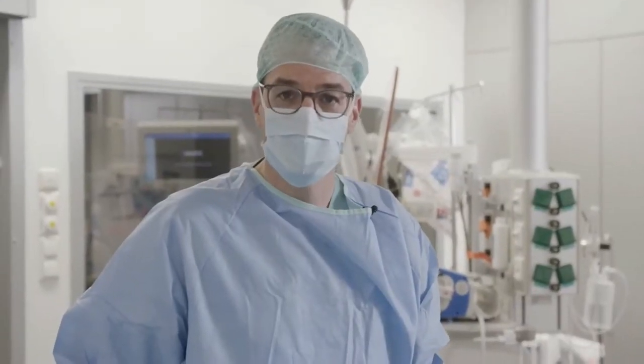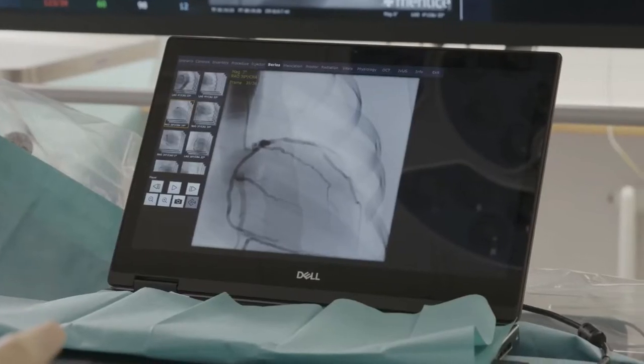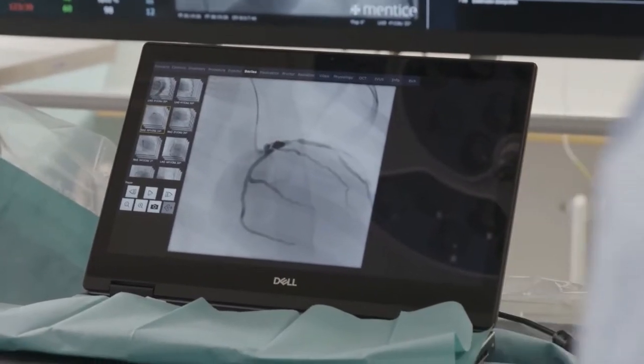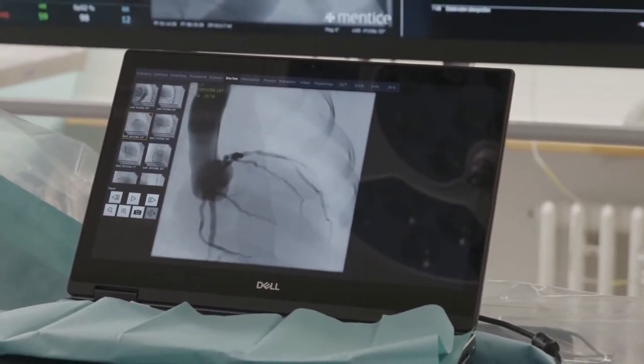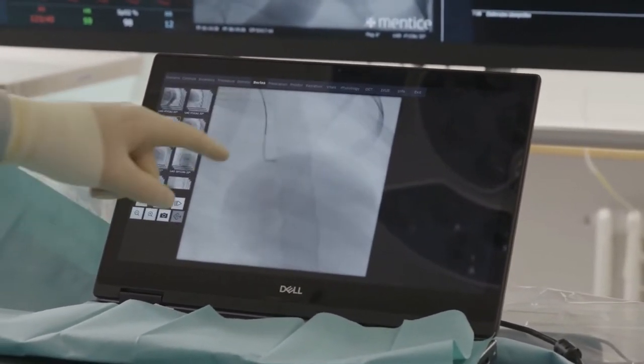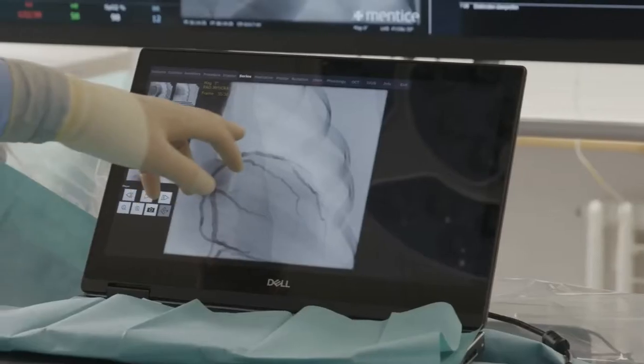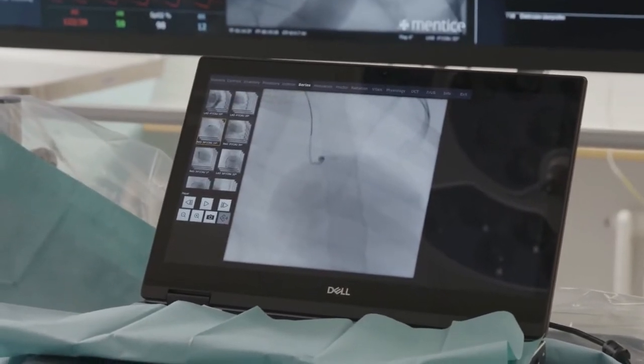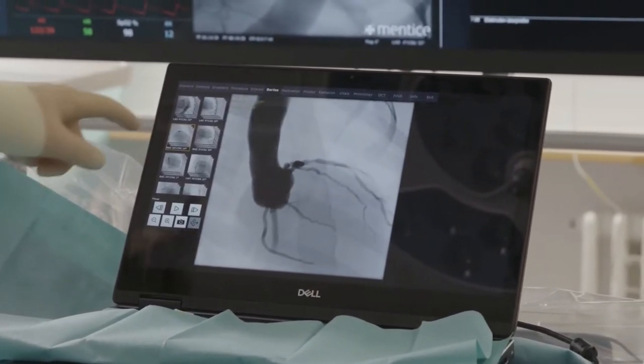Coming to the left coronary artery system, if you look here in this anterior cranial view, you can appreciate that we have this intermediate stenosis in the mid part of the LAD, and also, as mentioned, the proximal stenosis, as you can see here.